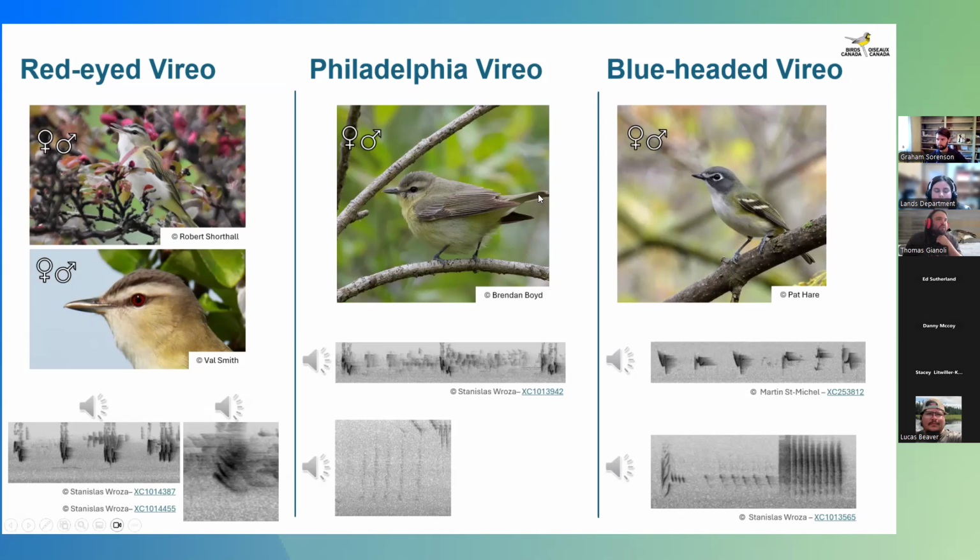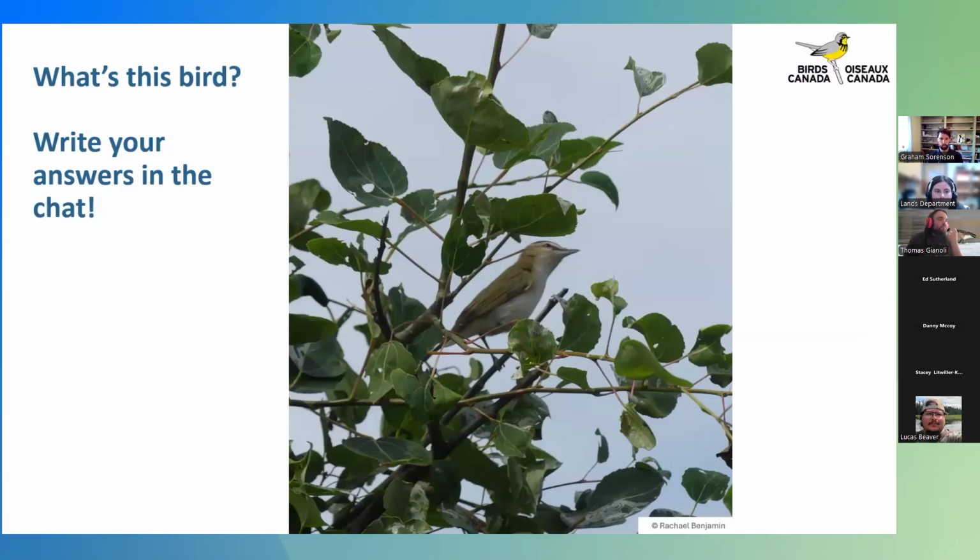And Philadelphia vireos are a bit cuter, more warbler looking than the other vireos. And then the blue-headed vireo really characteristic with the powerful gray head, the eyeglasses, and the wing bars too. So some of the characteristics of these birds, and males and females are the same.